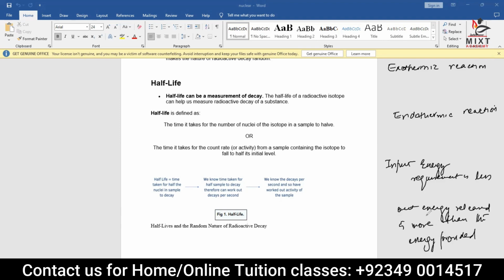In other words, an exothermic reaction can be used to generate energy because the output energy will be more than the input energy.